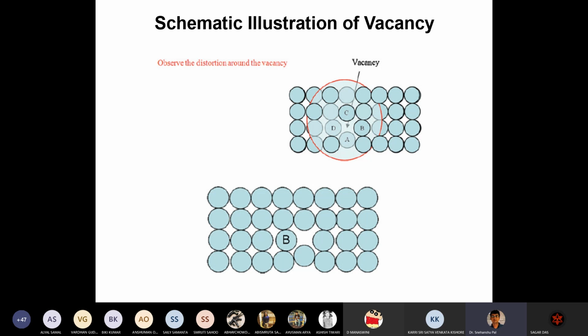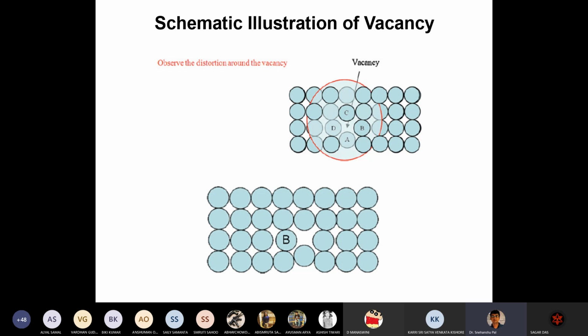So these are the zero-dimensional defects. And equilibrium concentrations depend on the type of bonding and structure of the material.